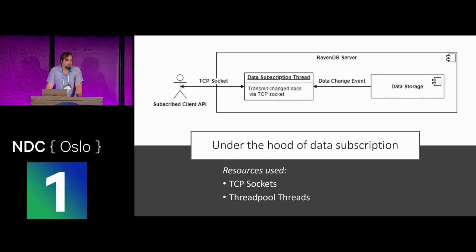Yes, it was socket exhaustion, because it opens a persistent TCP socket from the client to the server, which is constantly kept alive, right? And on the server side, it opens a special thread when the subscription is activated, because it's not active all the time. That thread listens to the changes. Sounds simple, right? But thread pool threads are also something that is finite.